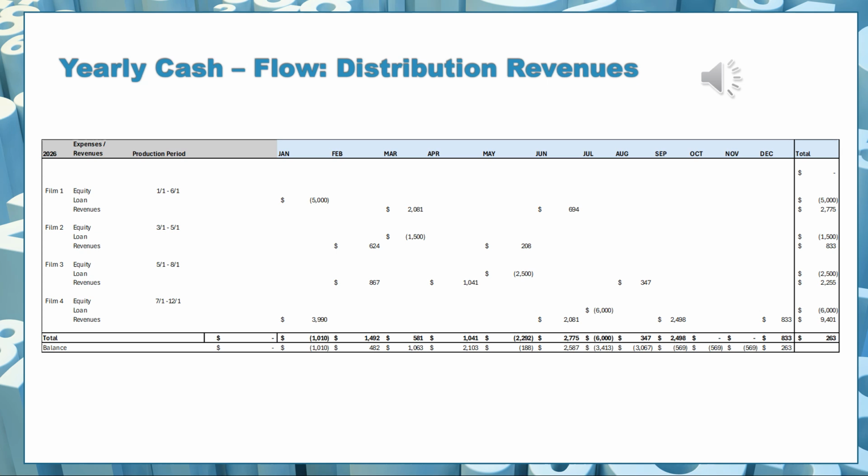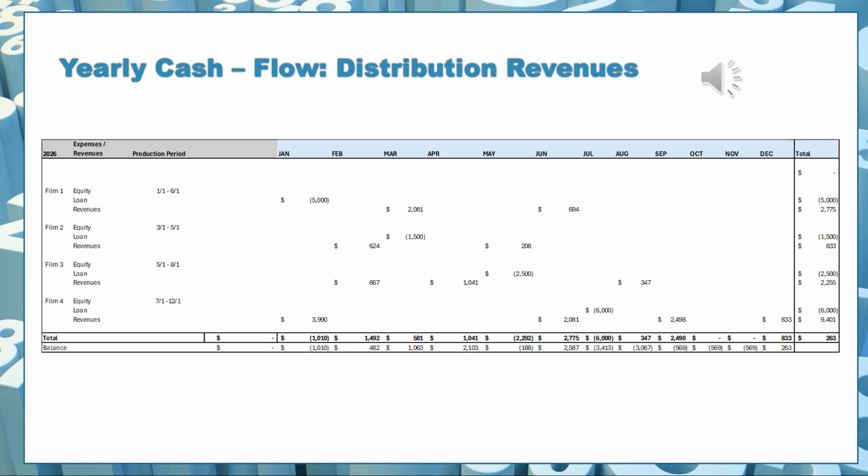And then in March, I have to pay back another loan for film 2, $1,500,000. I am also generating revenues in March for film 1. So all of this gets me to a positive cash flow of $581,000 that month. And my balance, meaning my cash envelope, if you will, shows $1,063,000.